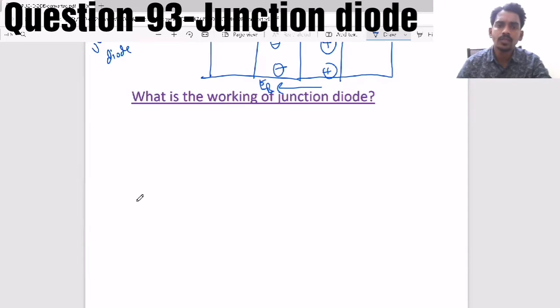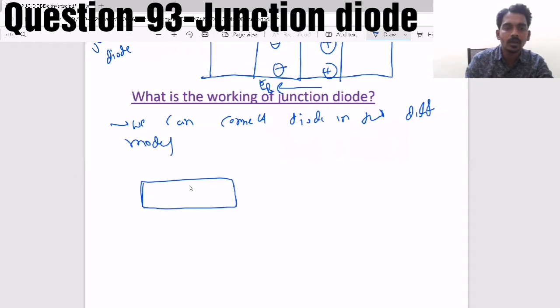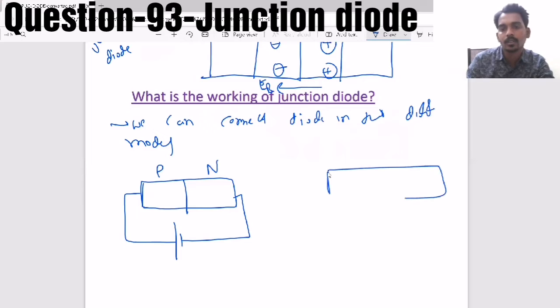Now how do we make it work? We can connect the diode in two different modes. First one: you connect P-type to the positive terminal and N-type to the negative terminal, or you can connect in reverse.